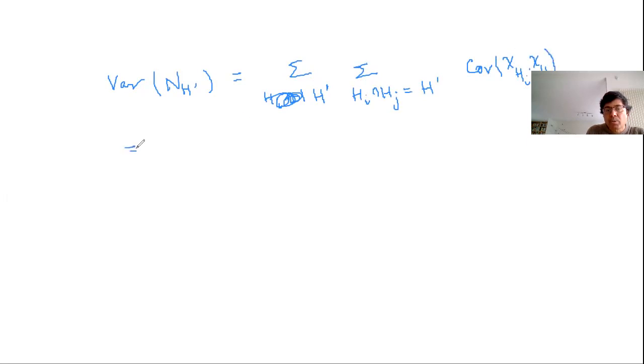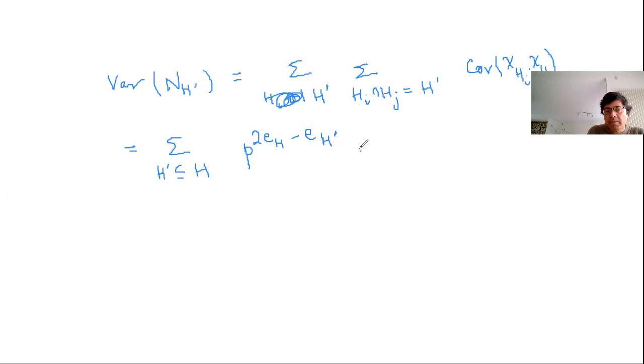And this we rewrote as the sum over subgraphs H prime of the covariance, which was approximately p to the 2eh minus eh prime, times the number of such copies there can be intersecting in H prime.